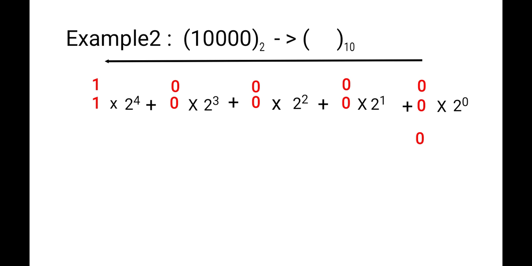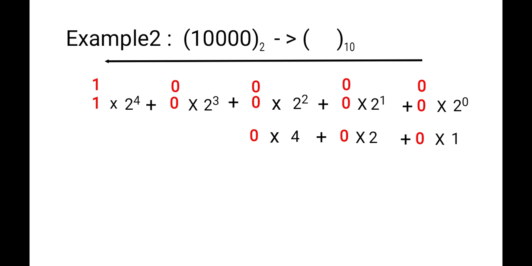Now children, 2's power 0, any number has a power 0, what comes? 1. So here 1 is coming, we will put the plus sign. We will see that 2's power 1, any number has a power 1, it means number itself. That is the reason 2 is coming. Put the plus sign, note down the next binary digit. 2's power 2 means 2 multiplied by 2, 2 2's are 4.